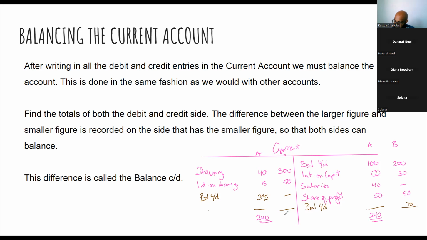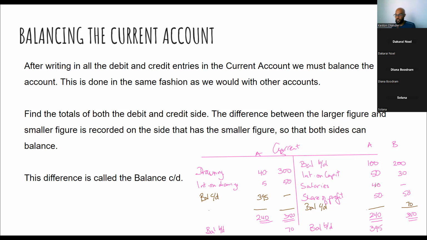Here is going to be 350. Now when I add these up, this is going to be 350. But check what's going to happen here. My balance brought down on this side is going to be 70. And for partner A, his balance brought down on this side is going to be 395. This is what I'm talking about.